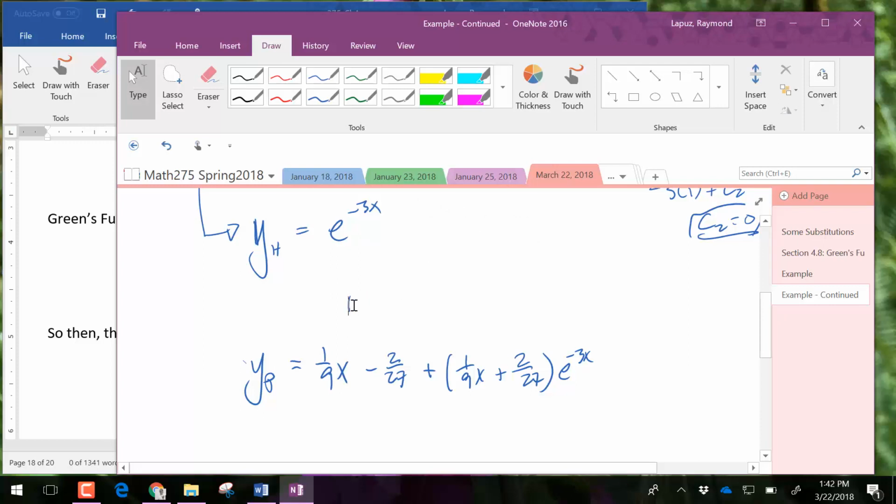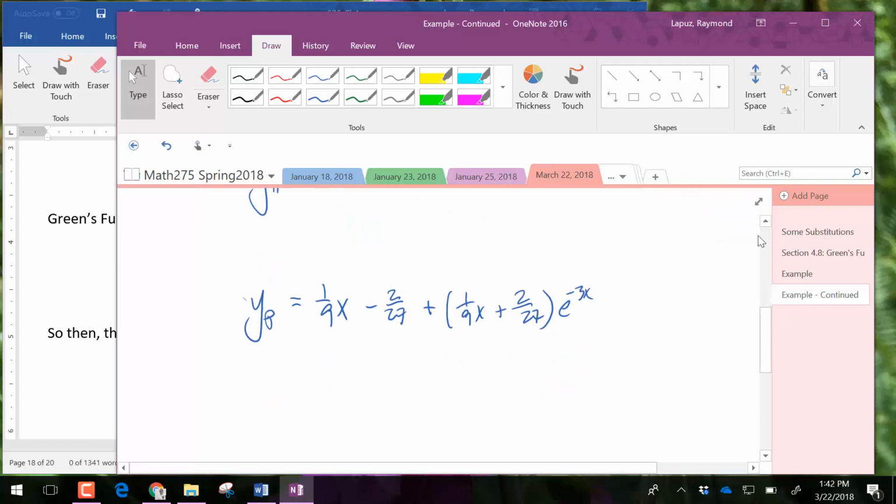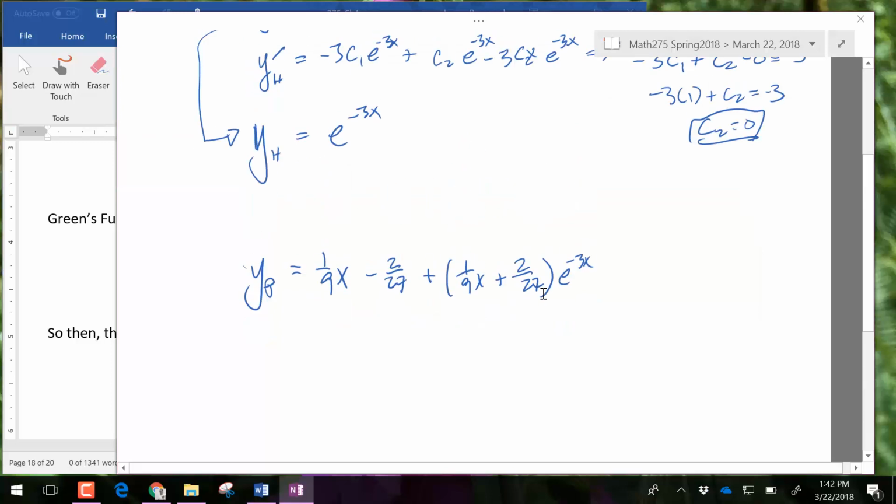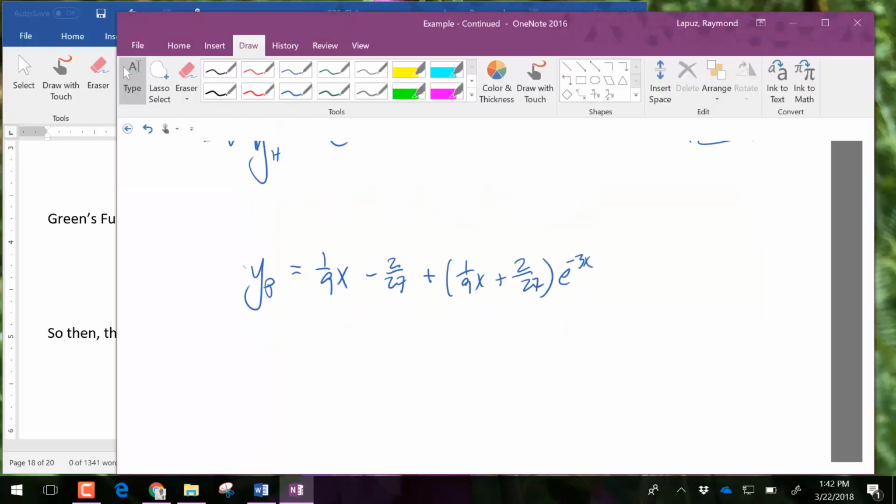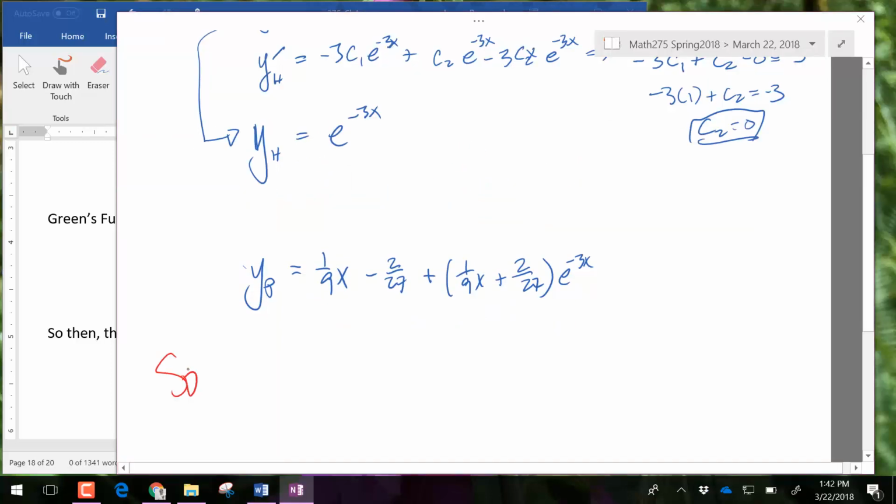So we got y sub p from the previous page, and we got y sub h. So let's just combine that with our solution. And this is not the general solution because it's the solution to the IVP. So it's the actual solution.